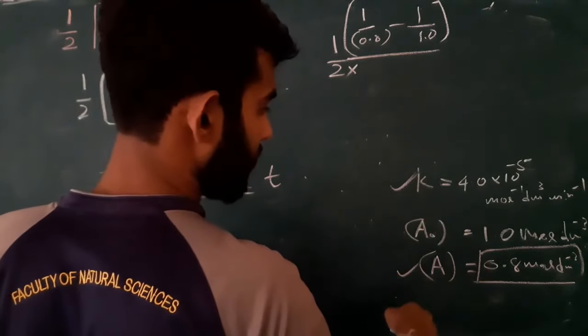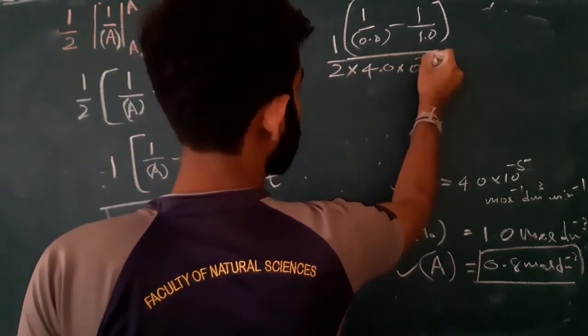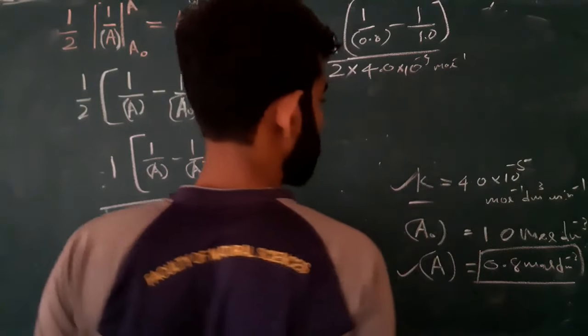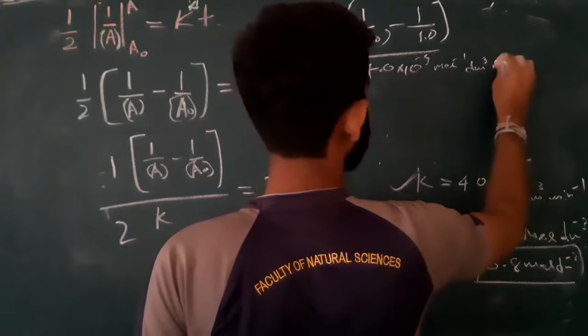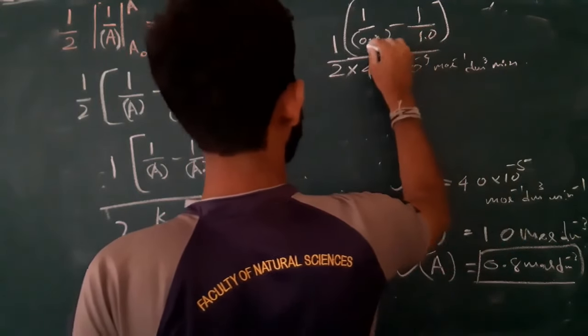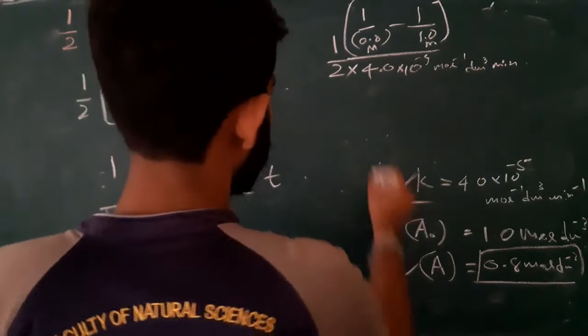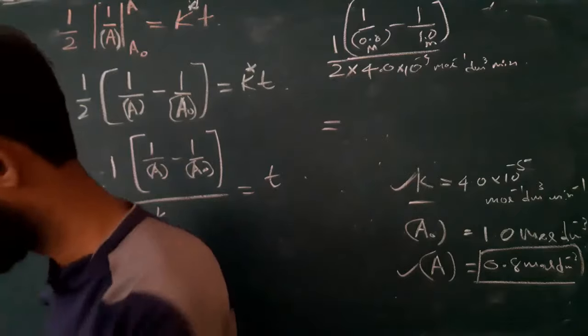Here k is 4.0 times 10 to the power minus 5 per mole cubic decimeter and minute. These are the concentrations. We have to apply units also. So what are the calculations?